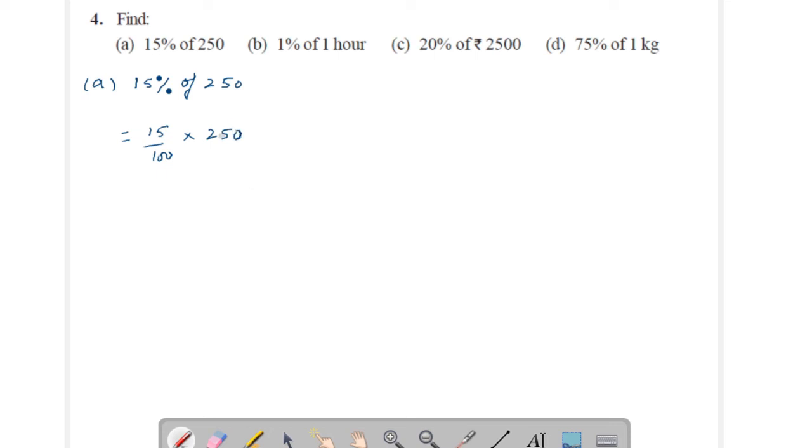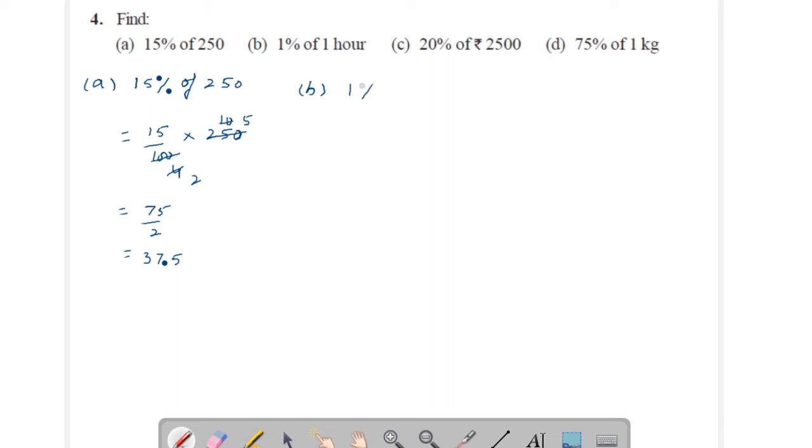Solve this by 25. 25 4 is 100. 25 10 is 250. Again by 2. 2 2 is 4. 2 5 is 10. 15 5 is 75. It is 75 upon 2. That is 37.5. This is your answer.